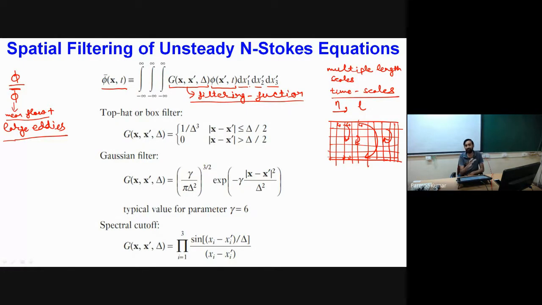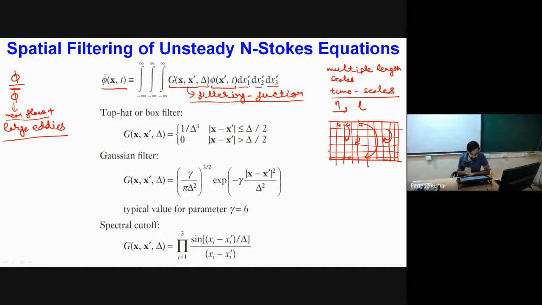For example, if we want low frequencies in our output signal, we put a low pass filter, and if we want high frequencies, we put a high pass filter. The task done by a low pass or high pass filter in an electronic signal is similar to the task done by this function g. The whole idea of the filtering function is that it helps us segregate large eddies and small turbulent eddies.